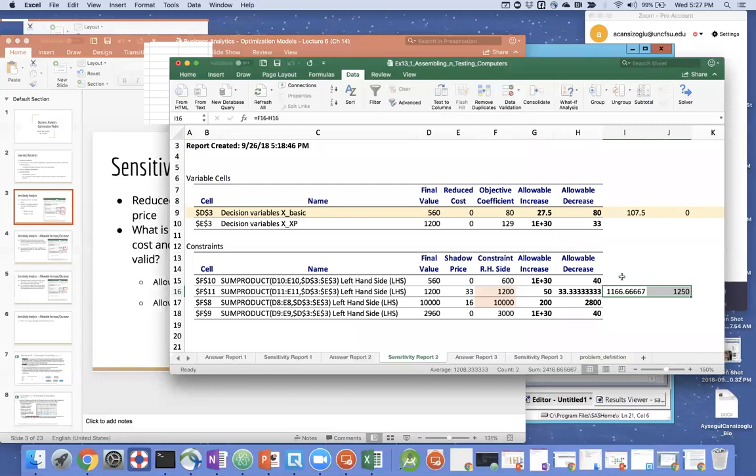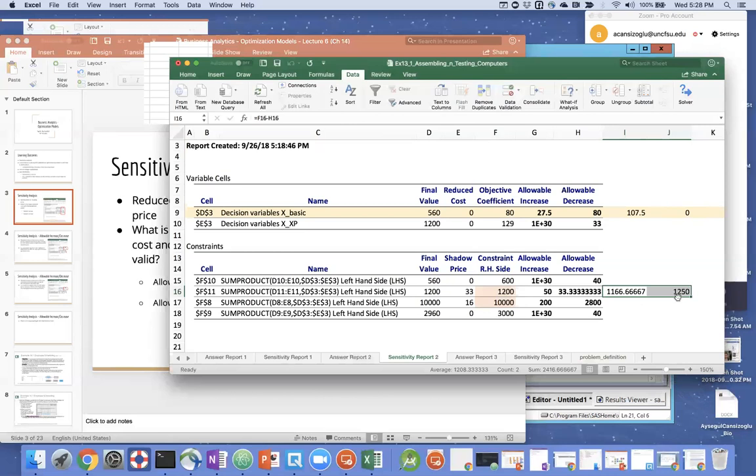So if you don't have the right parameter estimate, for example, we have these numbers, the right-hand side. Let's say that somehow someone made a mistake. They didn't input the right number. This range tells you how sensitive your solution is. Or another application we talked about: if you decide to invest more and increase these right-hand sides, then you know that if you increase the right-hand side up to 1250, nothing is going to change.